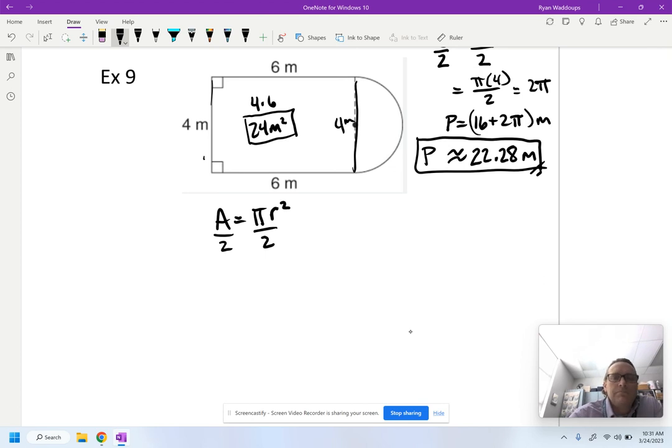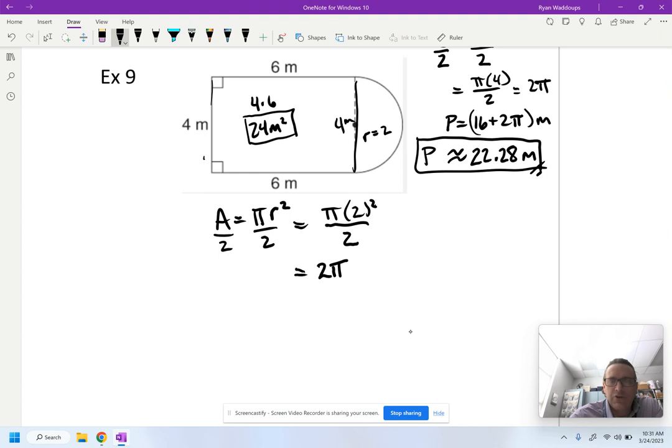And so the radius is half of the diameter. So here I'm just going to make note that the radius is 2. And so we've got pi times 2 squared divided by 2. And 2 squared is 4, so that's 4 pi divided by 2 is 2 pi.